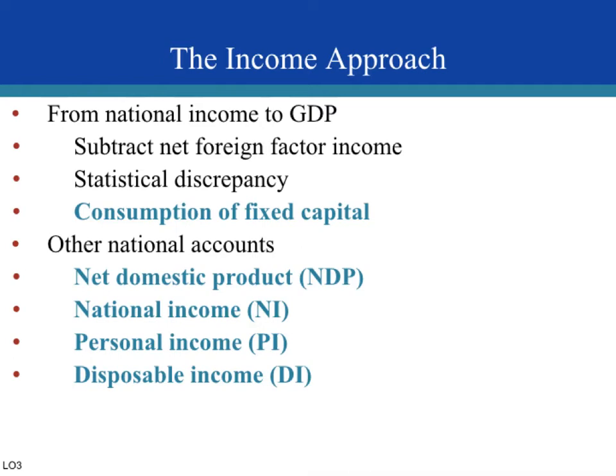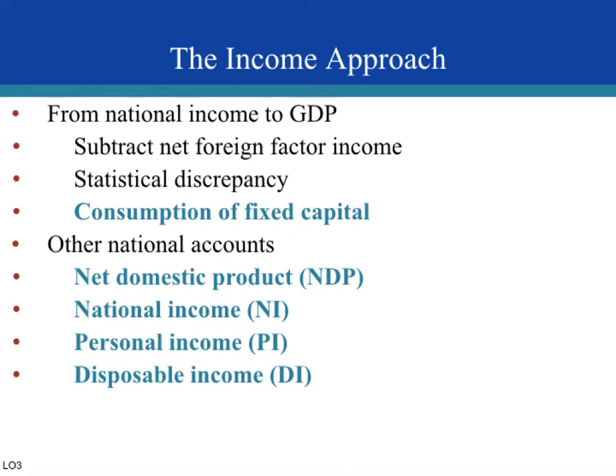We take out the income that Americans gain from supplying resources abroad, and we add in the income that foreigners gain by supplying resources in the United States, since the resources are technically within U.S. borders. That income foreigners gain is added to national income, and what we take out is what Americans gain from supplying resources abroad, because those resources are not within U.S. borders.